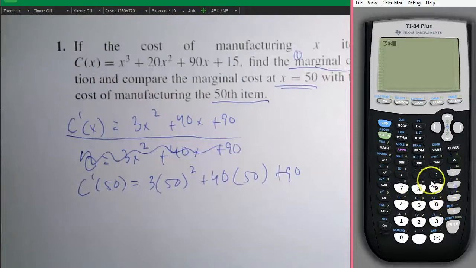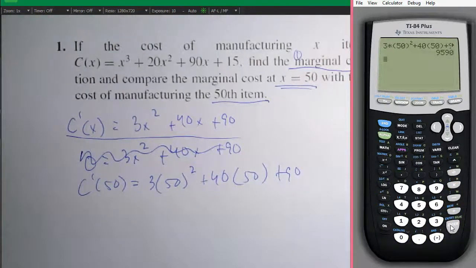3 times 50 squared plus 40 times 50 plus 90.